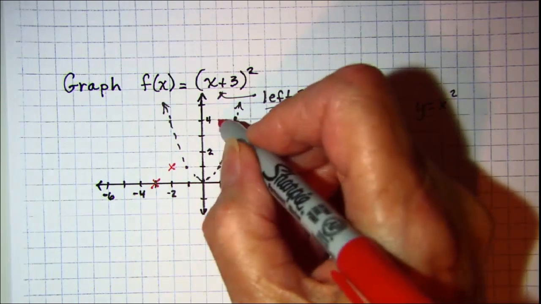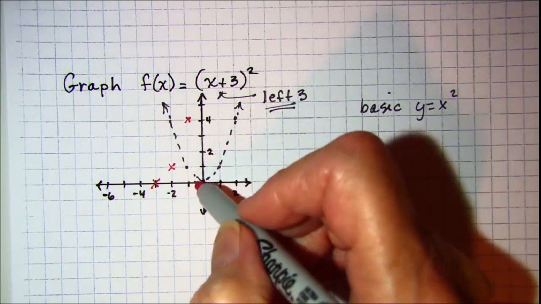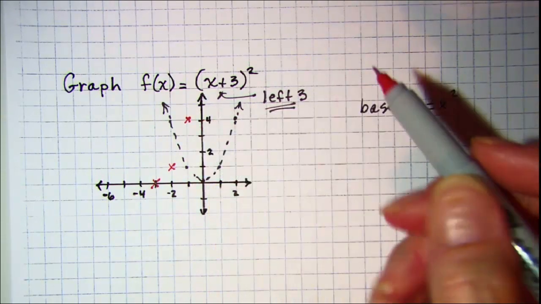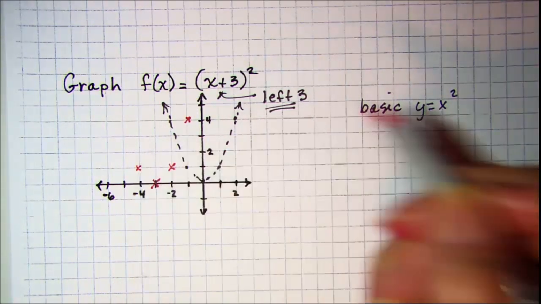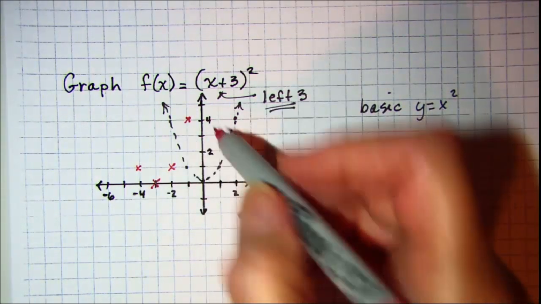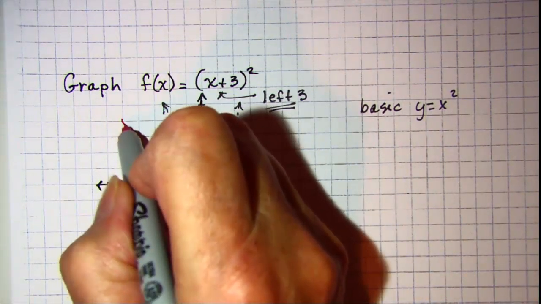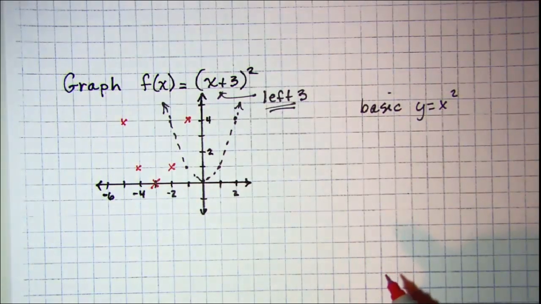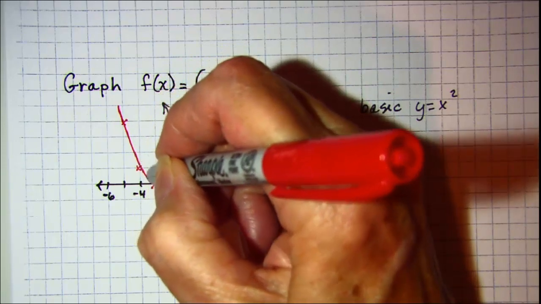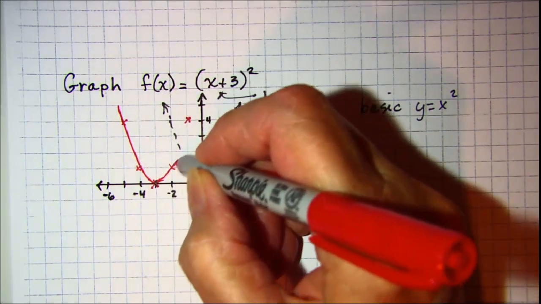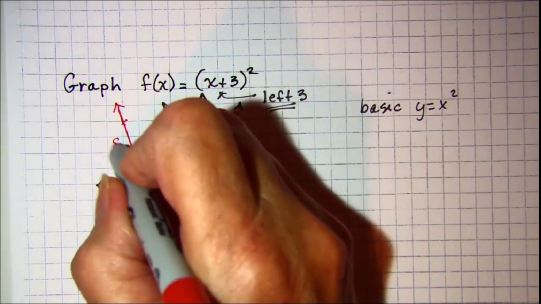And this one is now going to be here at x equal negative 1. Still the same y value. And then this one is going to be here at x equal negative 4. And then this one will be at x equal negative 5. So this is my f of x.